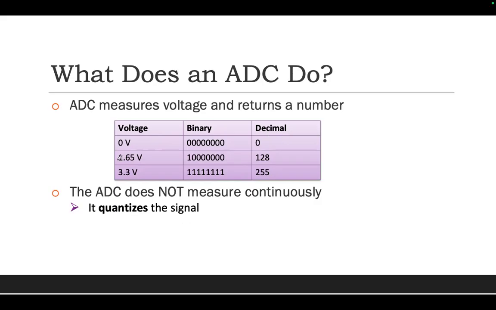Then 1.65 volts is this one, it's 128, and 3.3 volts is this one, it's 255. So did you notice? This is the lowest voltage the Pico W can read, and this is the highest voltage. Within this range it can be represented using binary from this value to this value, which means decimal from 0 to 255.